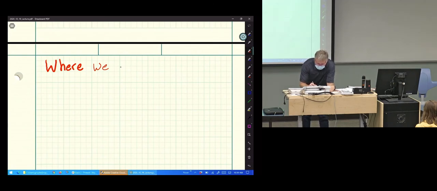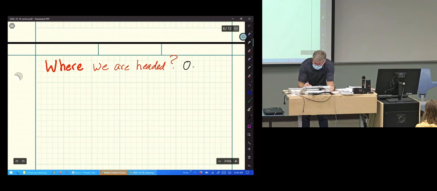So where we are headed is orthogonal matrices.